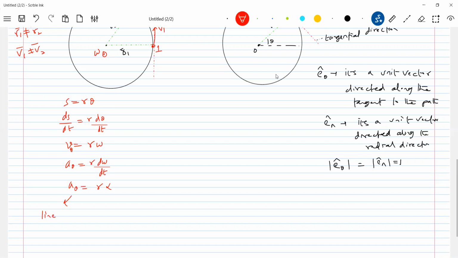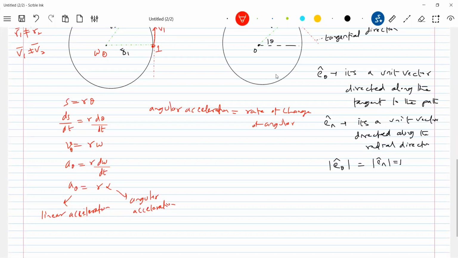So how do we define angular acceleration? Rate of change of angular velocity, similar to what we studied in the basics.